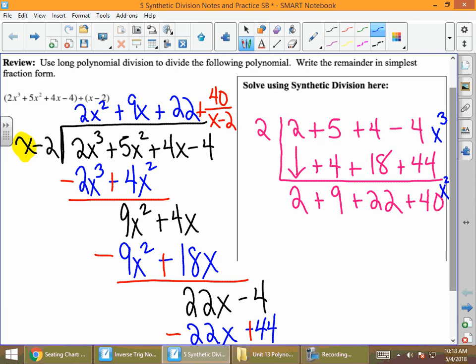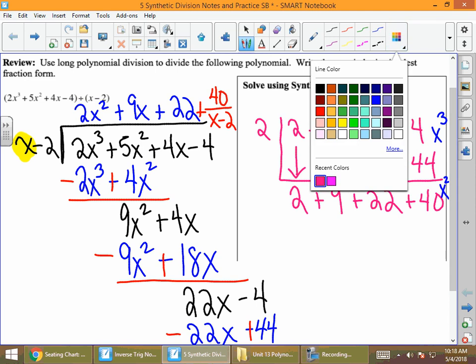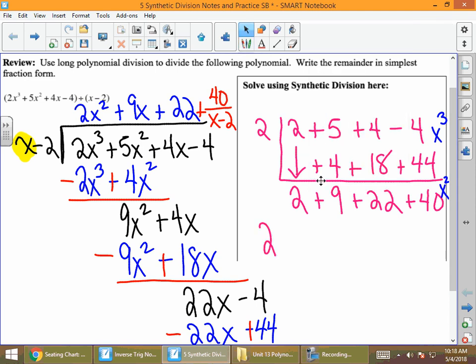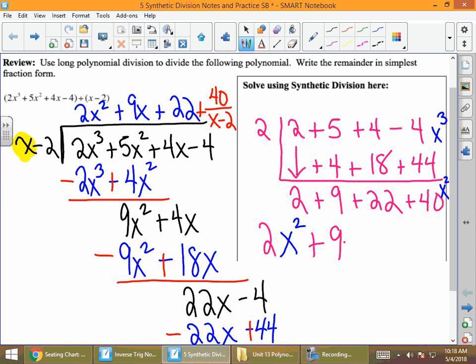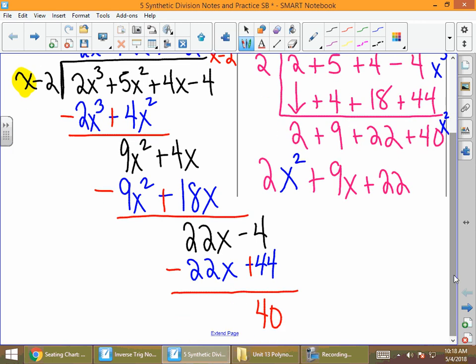So when we put this back in, we're going to have 2x squared, then we descend. It's going to be plus 9x. Second degree, first degree, here's a constant, which means that this last part is going to be plus 40, our remainder, and then it's still going to be divided by x minus 2.